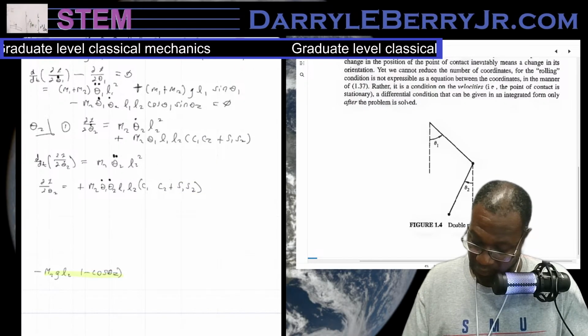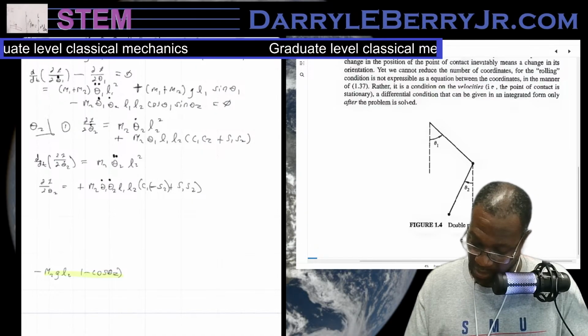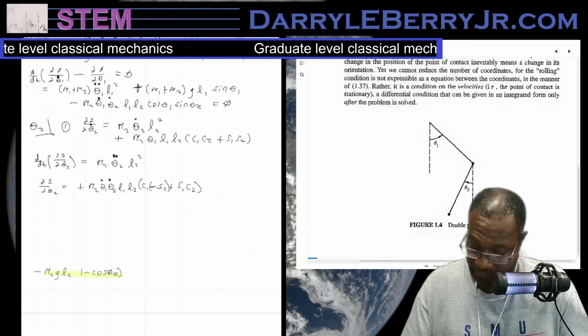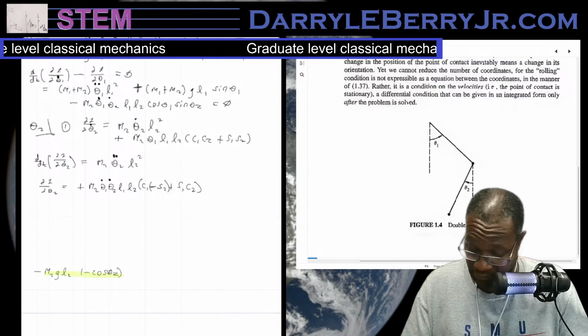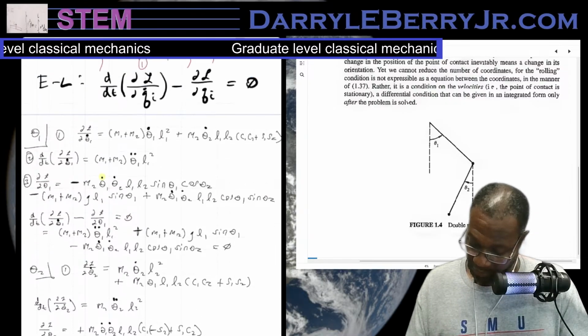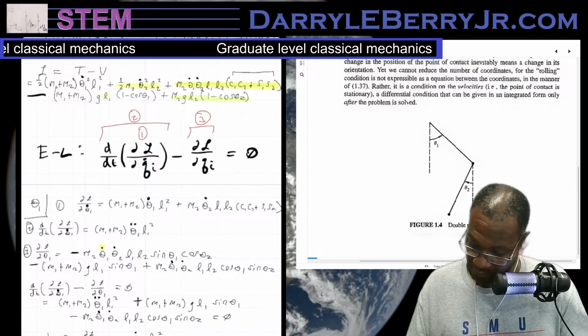So I can do negative sine 2, and I can do cosine 2. And that should do it for both of those. And what's the other theta 2 dot here?